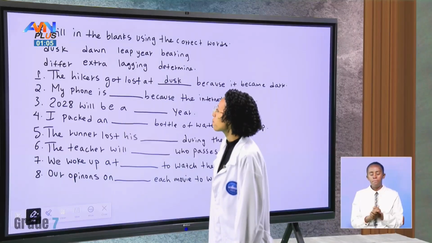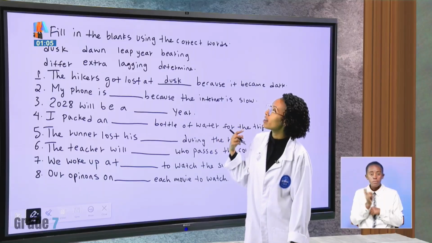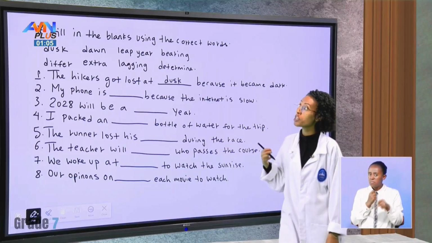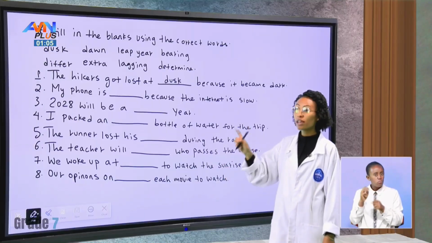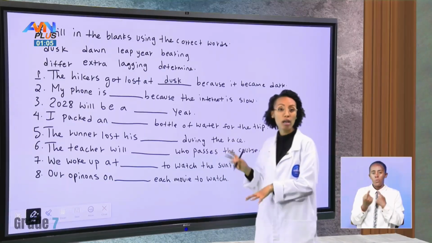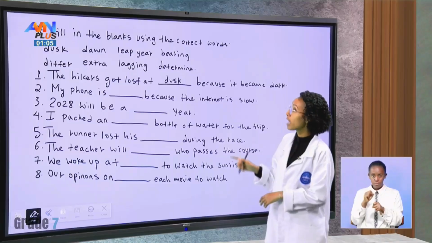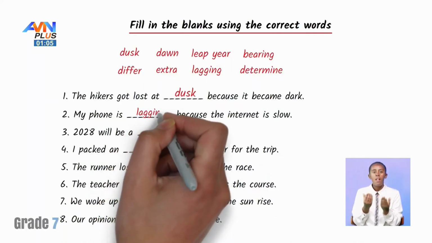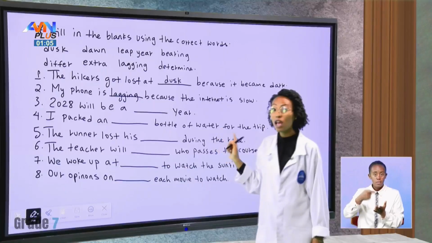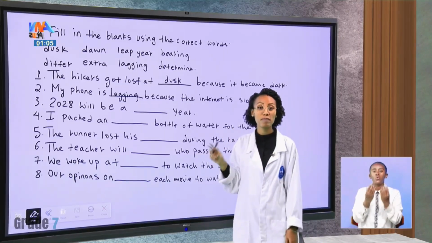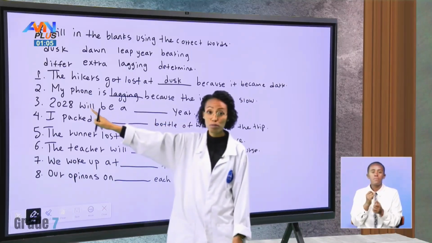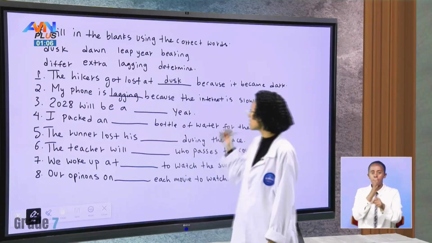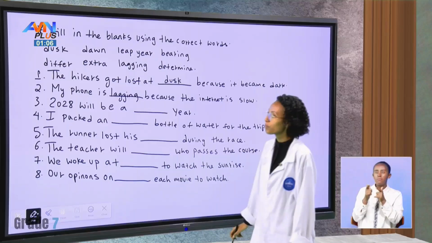Okay, number 2, my phone is what? It doesn't mean leap year, or is it bearing, or is it dawn? No. We're talking about the working of something here. My phone is what? Lagging because the internet is slow. So the working of something here, and that something is your phone, is being very slow because the internet is also slow.